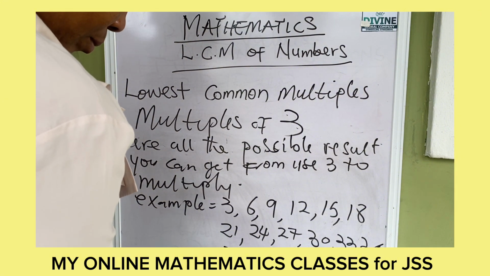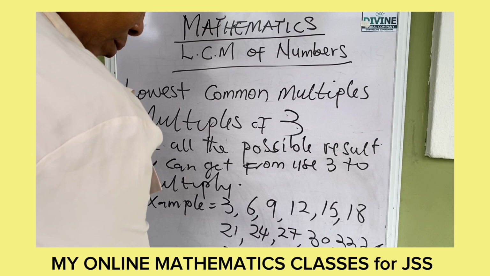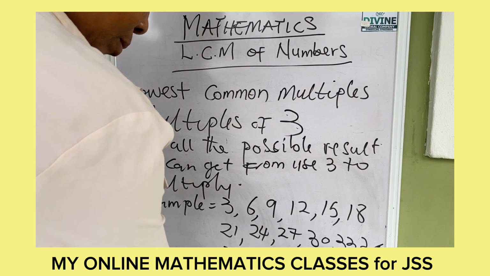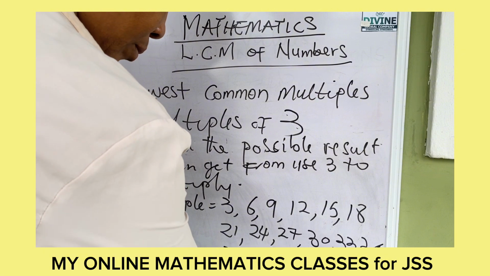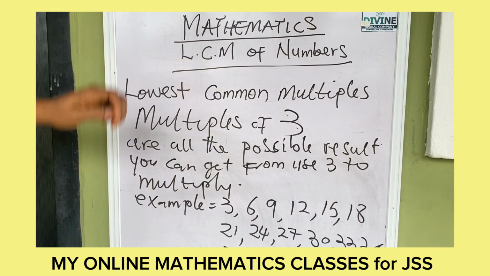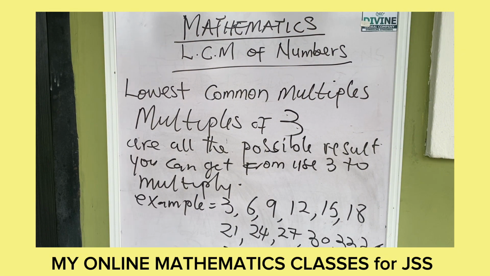So we just keep adding 3, and you can stop anywhere. But just know that all the results that you will get from using 3 to multiply are the multiples of 3.